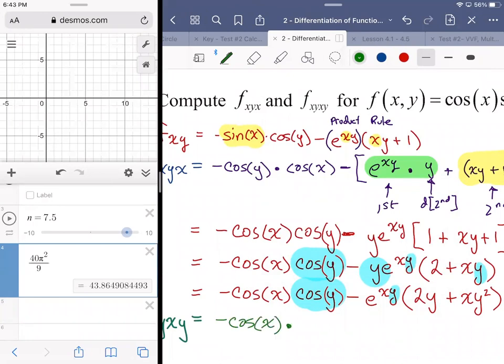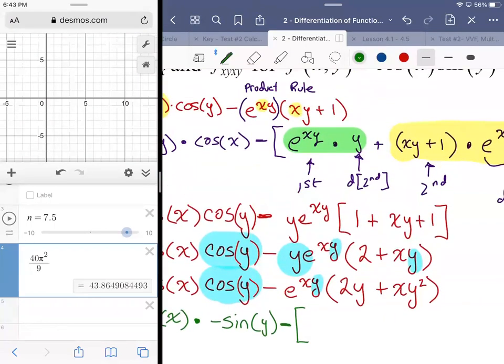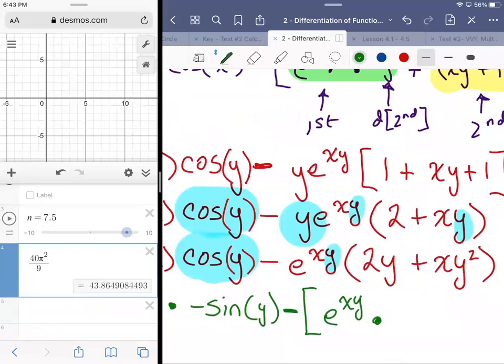The derivative of cosine y is negative sine y. I like the big old bracket approach to things. So my first function, e to the xy, times the derivative of my second function. And this is, again, with respect to y.